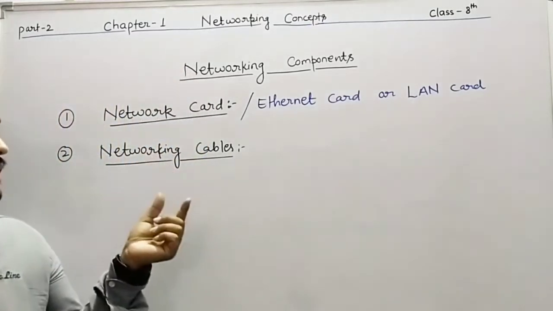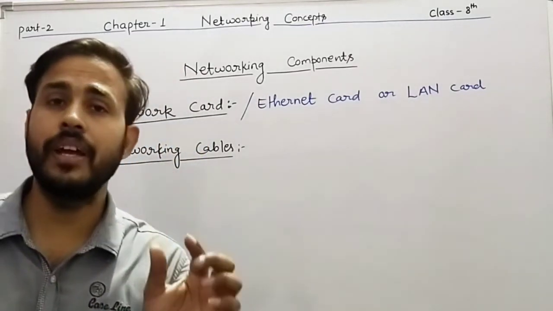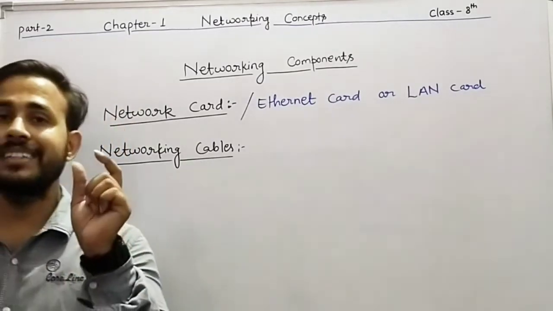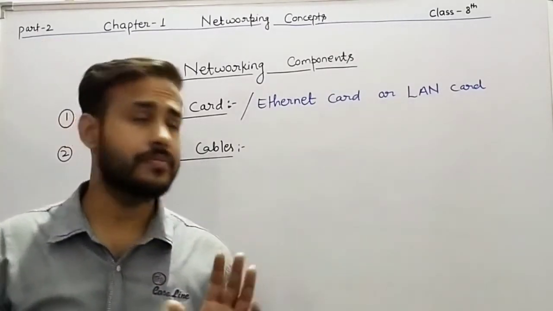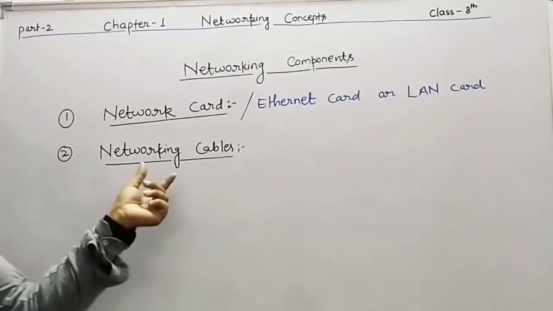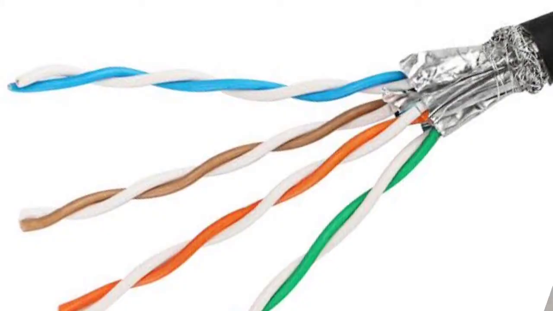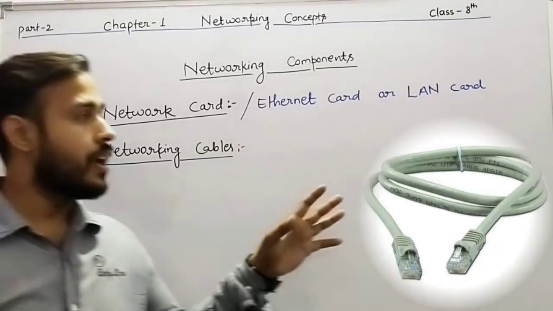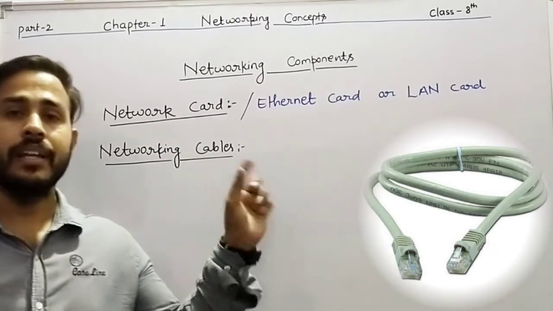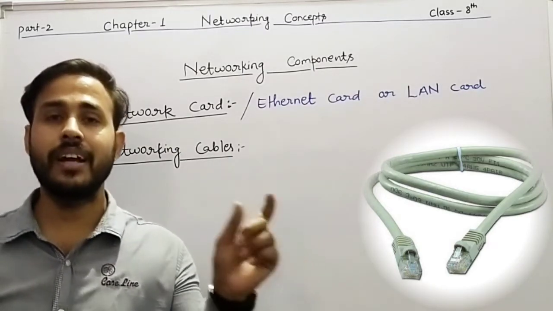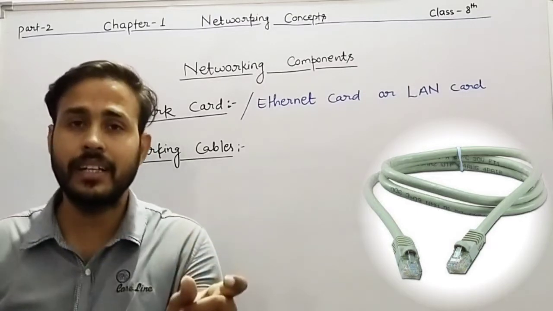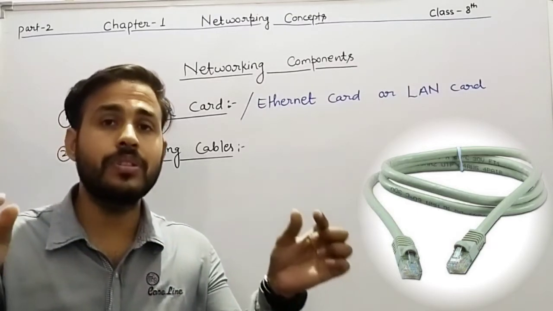Okay, an Ethernet cable uses straight pair wire and it has 8 wires. And a networking cable, or we can say twisted pair cable, looks like this, as shown on the screen.